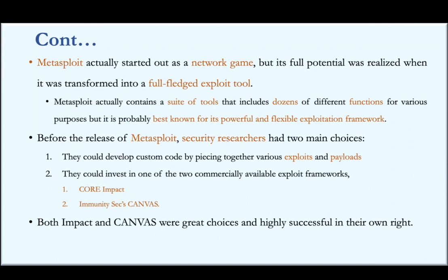It also means that exploits could be developed in an almost factory-like assembly line approach. The assembly line approach allowed hackers and penetration testers to build exploits based on their own needs.